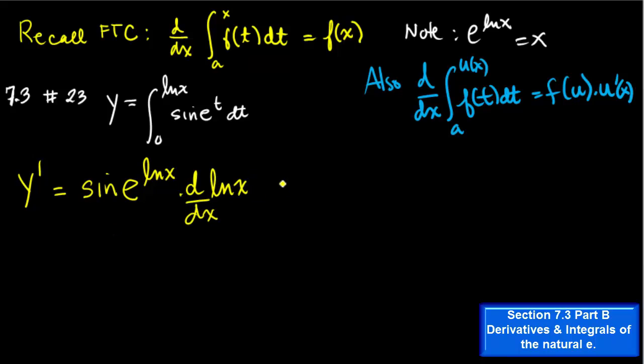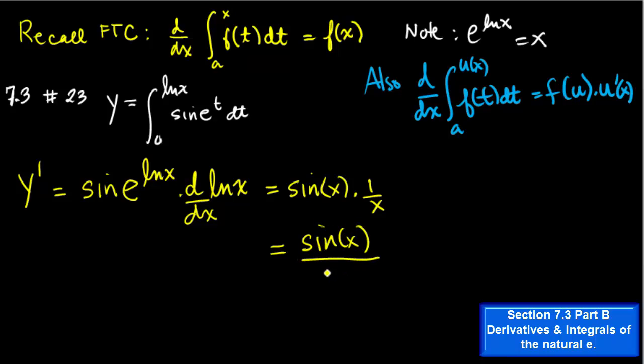So that's equal to, the nice thing is that this collapses into x, so it's just sine of x. And then what's the derivative of natural log of x? 1 over x. So the final answer would be sine of x all over x. There you go.